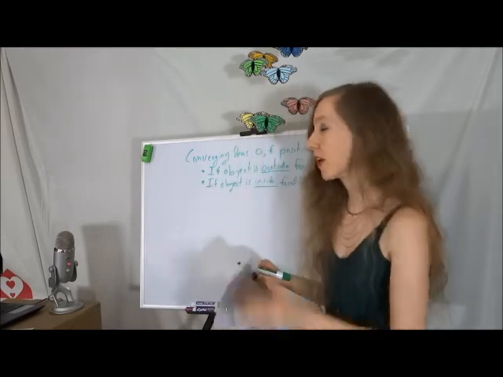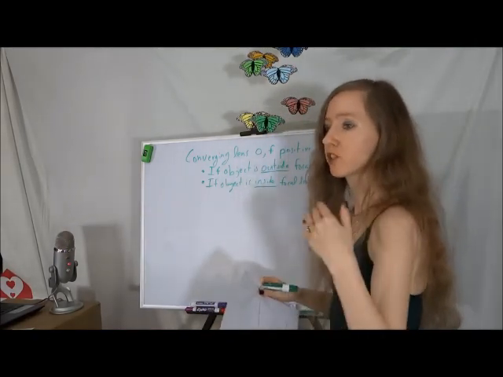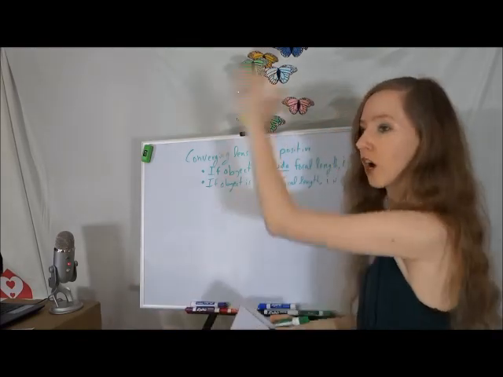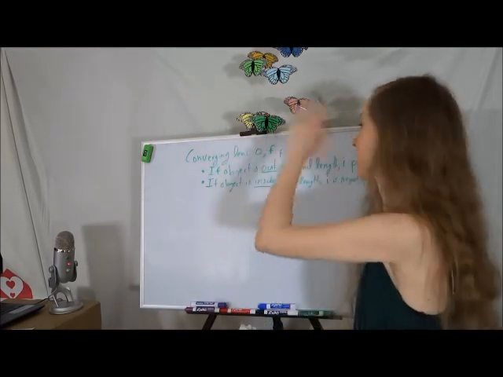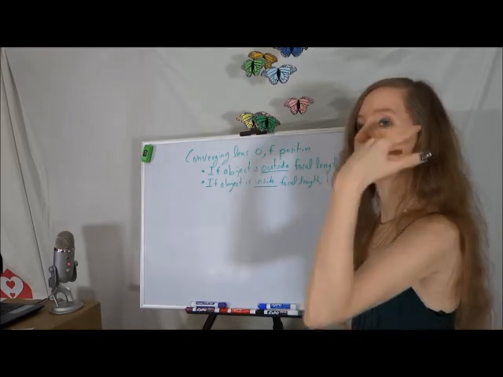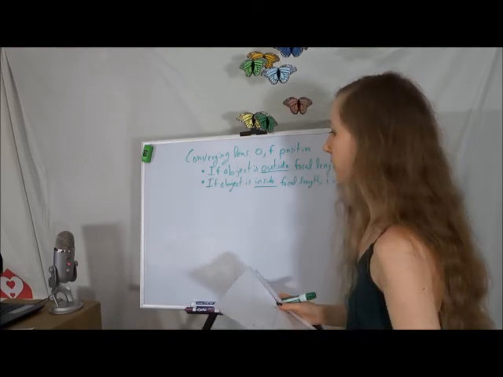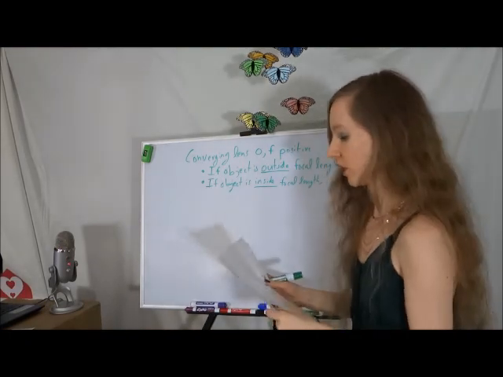So anytime we have a converging lens and we're outside that focal length, our image distance is going to be on the opposite side of our lens and we're going to say that's positive. If we're inside that focal length, then it's going to appear on the same side as the object and we call that negative. Now we also have what's called a diverging lens.